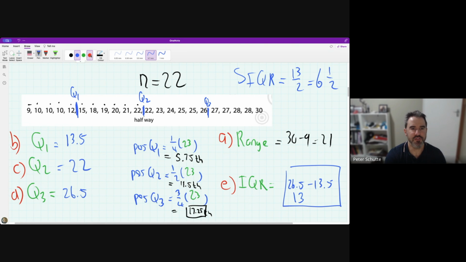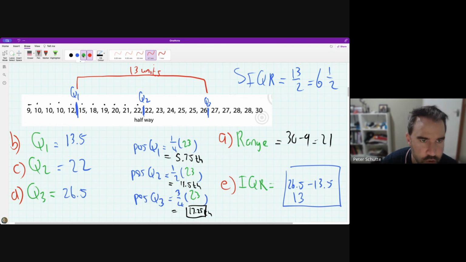Now, if you want to visualize it, the interquartile range is just this thing here. It's Q3 minus Q1, which you worked out was 13 units. Just to show you some other words we're going to use later on in this section: we know that Q1 is the same as P25, Q2 is the same as P50, and Q3 is the same as P75.